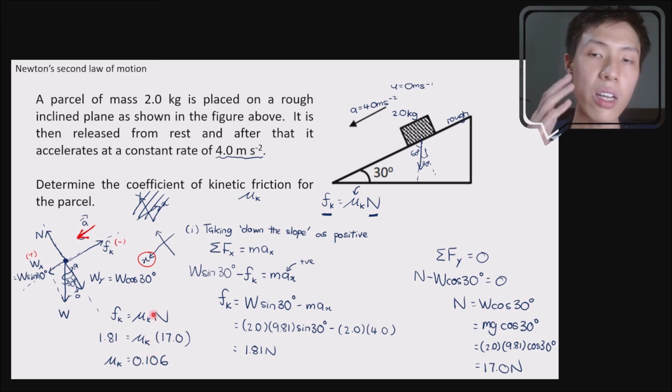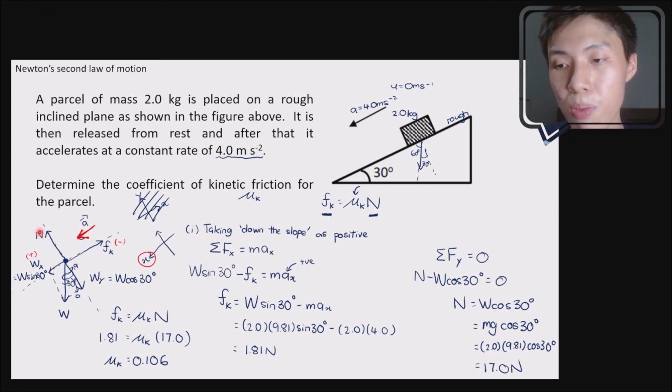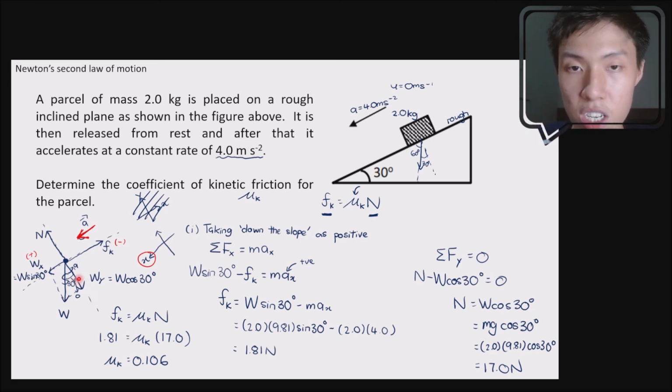Again, the general strategy is to get your free body diagram well labeled first. After that, if you have any force which is not lying on the x-axis or y-axis, you have to resolve it to its components, the x component and the y component. Then you focus on each dimension. In this case, you focus on the x dimension first, and we see that the x dimension is accelerating, so we use the second law to analyze it.